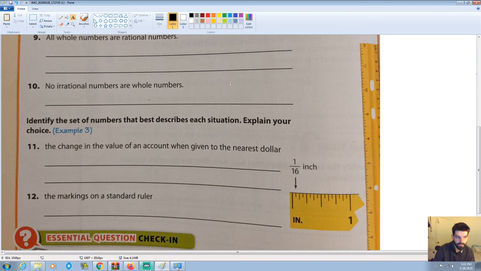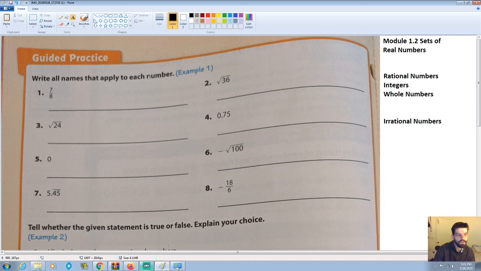The third one is going to be using real life situations and categorizing those values based on the situation that is described. Okay? So what they want us to do for 1 through 8 is look at the value and determine what category or what set of numbers they belong in.